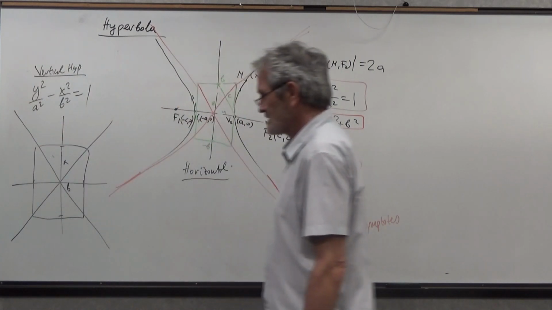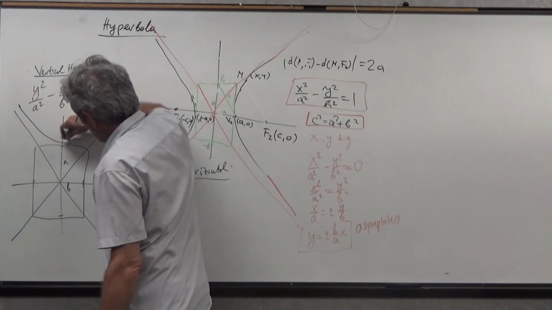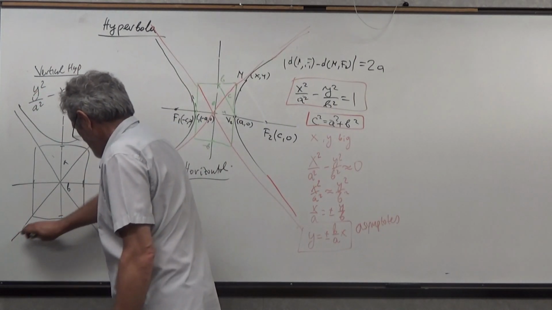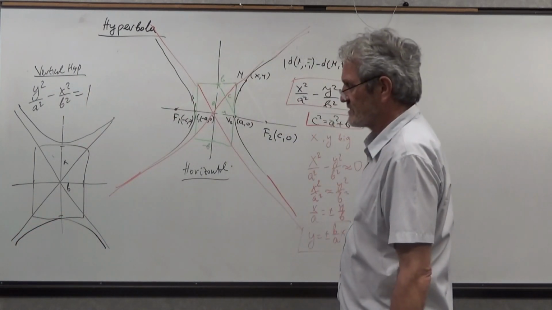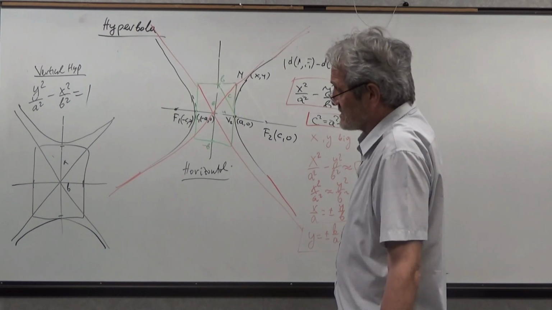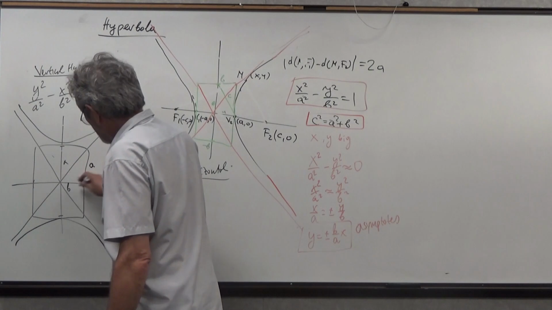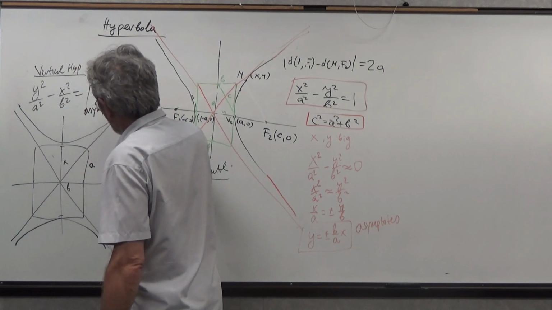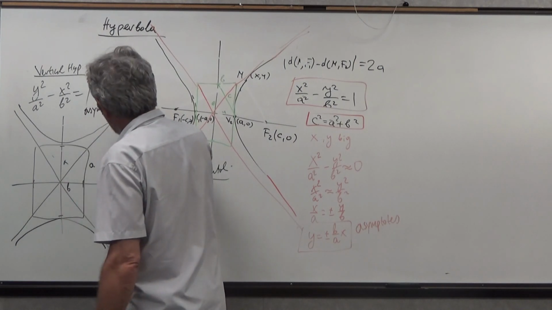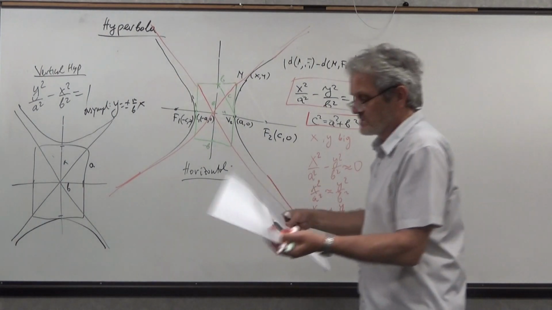So here are the asymptotes, the same as before, just a and b switch roles. And then you draw the hyperbola so that it approaches the asymptotes, touching the horizontal line, and here is the vertical one. There are tons of equations in your textbook, and you don't need to memorize them. If this is a and this is b, obviously the asymptote would be y equals plus or minus rise over run, a over b. So here are a couple of examples.